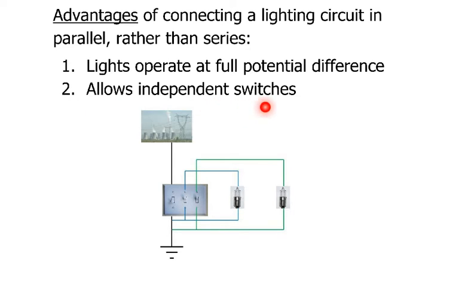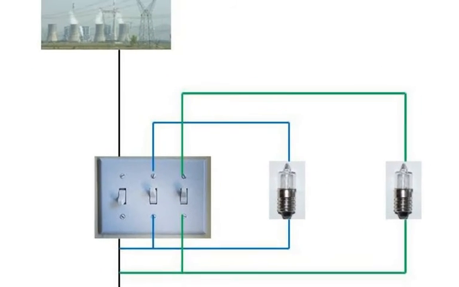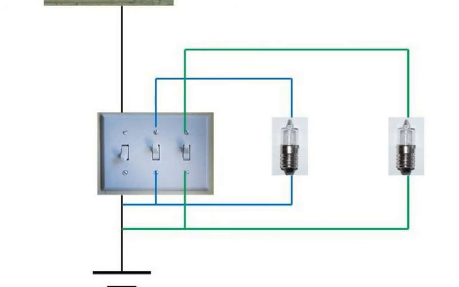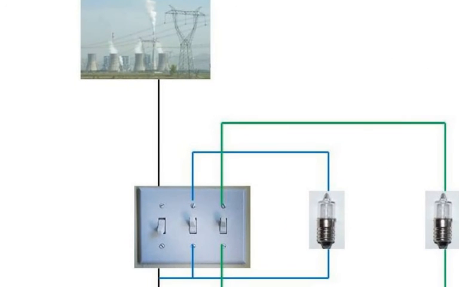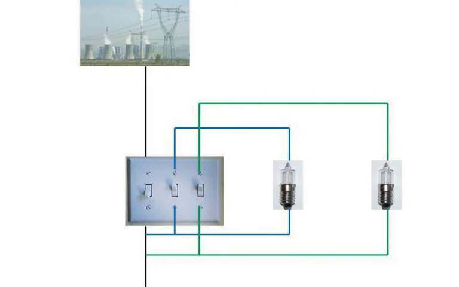It also allows for the setting up of independent switches, and that's what I've got pictured here. So in a parallel circuit, you can have separate switches for different lights. Whereas in a series circuit, one switch controls everything. Everything's either on or off. There is no separate switching on or off of different things in the series circuit.